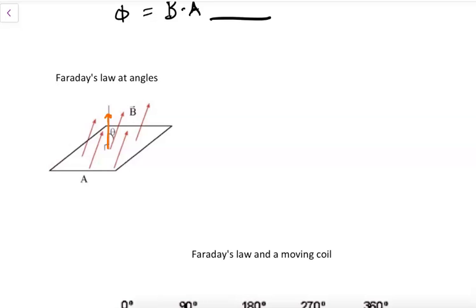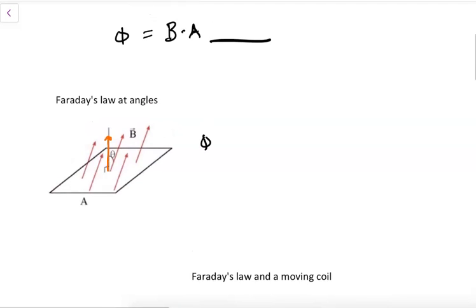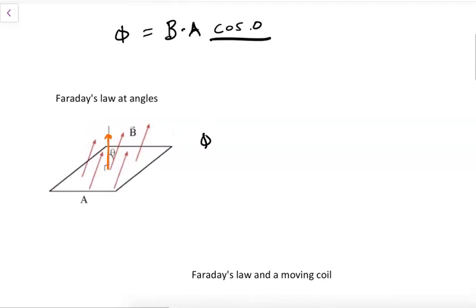So in this situation, you would feel the least amount of magnetic flux as well. The maximum magnetic flux is when it's perfectly perpendicular, and minimum when it's perfectly parallel.